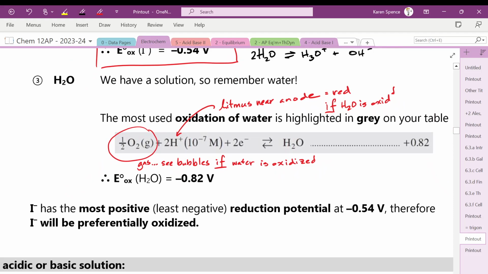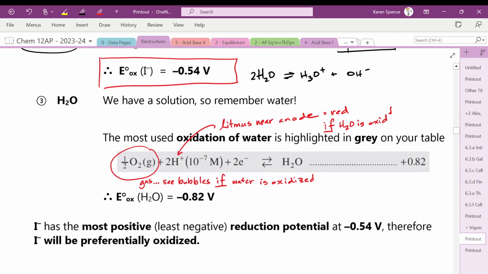Okay, so here we go. We have found the oxidation potential of iodide. We have found the oxidation potential of water, because of course we have to make the value on the table negative, since we're looking at oxidation. We have reversed the half reaction, so we have to reverse the sign.